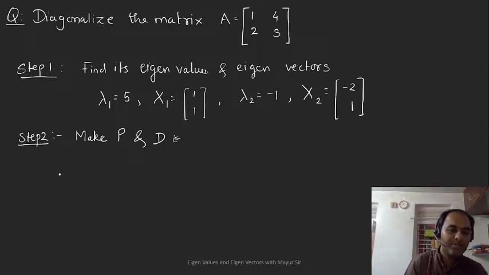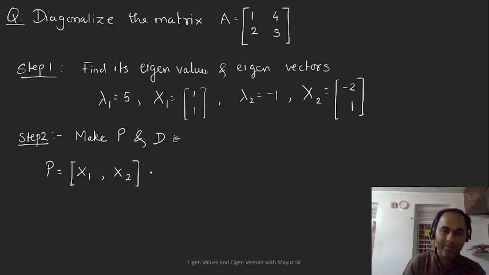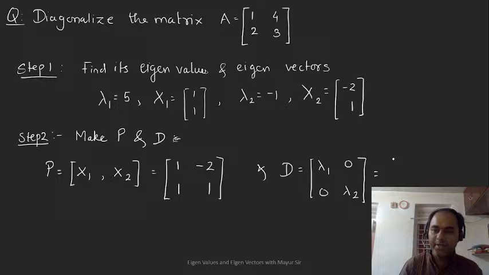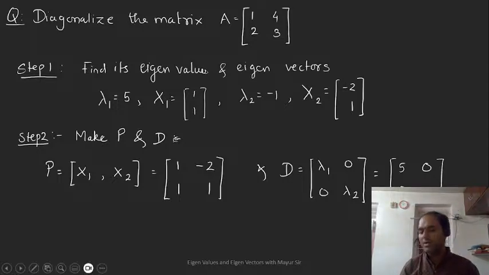P is made up of the eigenvectors x1 and x2, which are 1 1 and -2 1. And matrix D is made from the lambdas, lambda 1 and lambda 2. So lambda 1 is 5, then -1, and 0 0. So these are the two matrices.